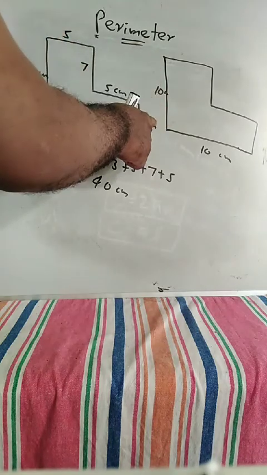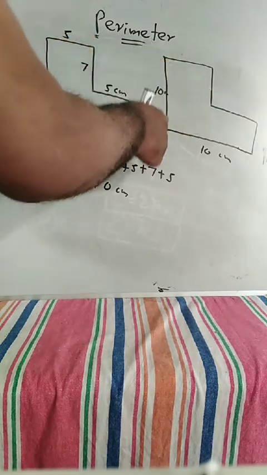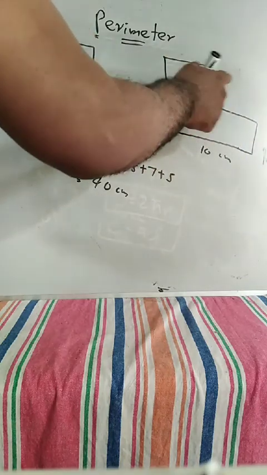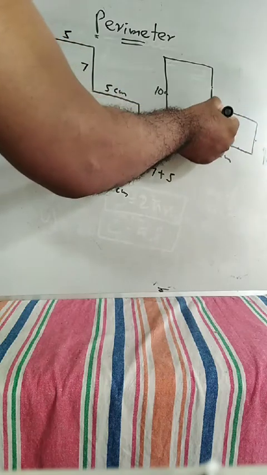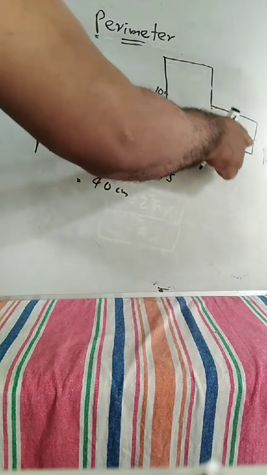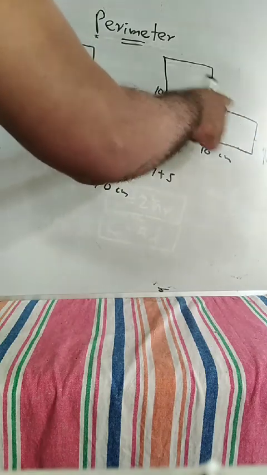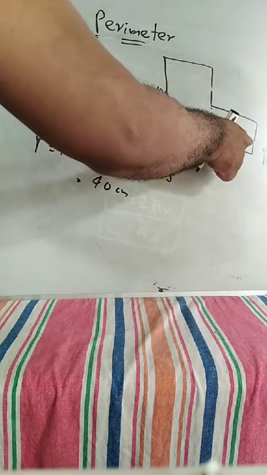If this straight line is 10, the sum of these two lengths is 10.